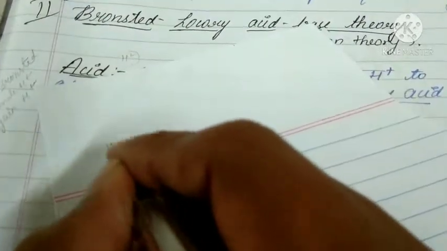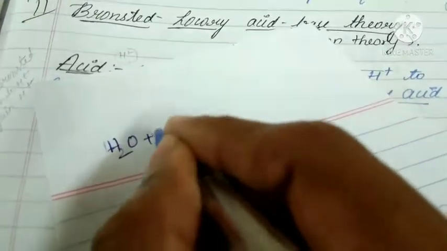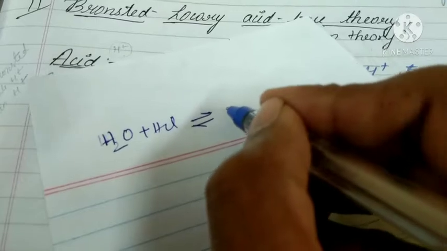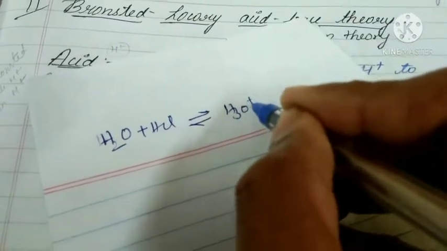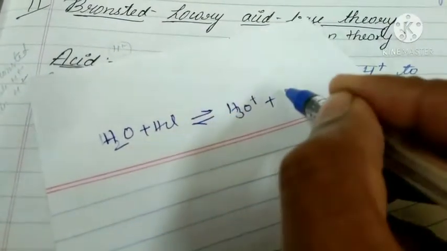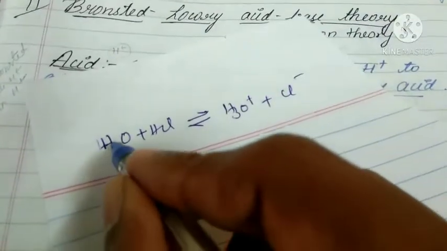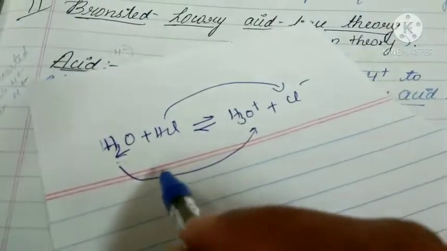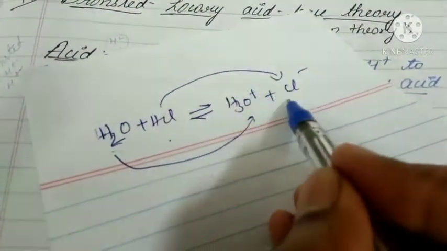H2O plus HCl gives rise to, this is a reversible reaction, H3O plus and Cl minus. See, H2O becomes H3O plus and HCl becomes Cl minus. So what happened here? HCl becomes Cl minus.